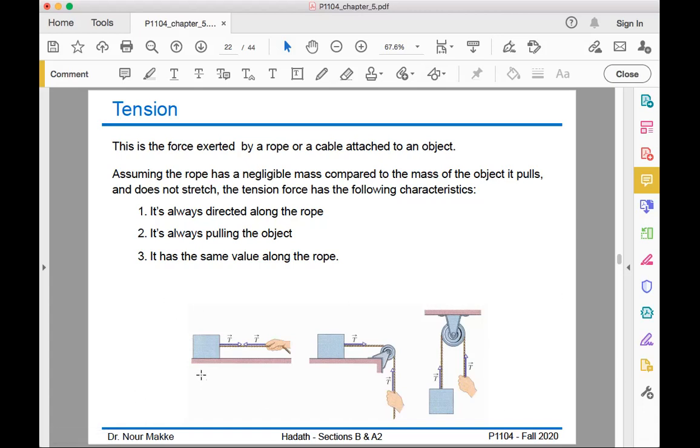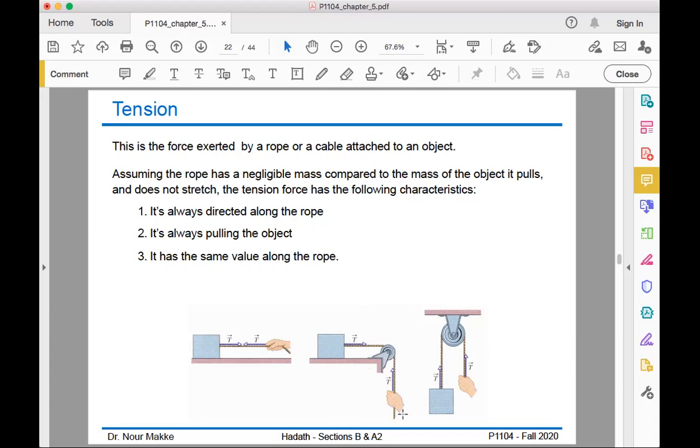It's all the time pulling the object, and it has the same value along the rope. So this force inside the rope is always parallel to the rope, along the rope itself. If you look here at the block, it's pulling the block. At the hand, it's pulling the hand. Everywhere you can see the same.